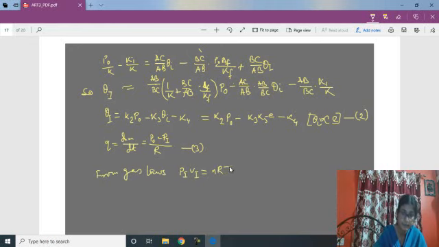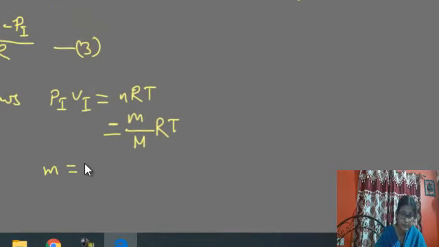This is for the integral bellow element, where Pi is the integral bellow element pressure and Vi is its volume, and n is m by capital M, with RT. Here small m is the mass of the gas, which is equal to M into Pi Vi by RT.